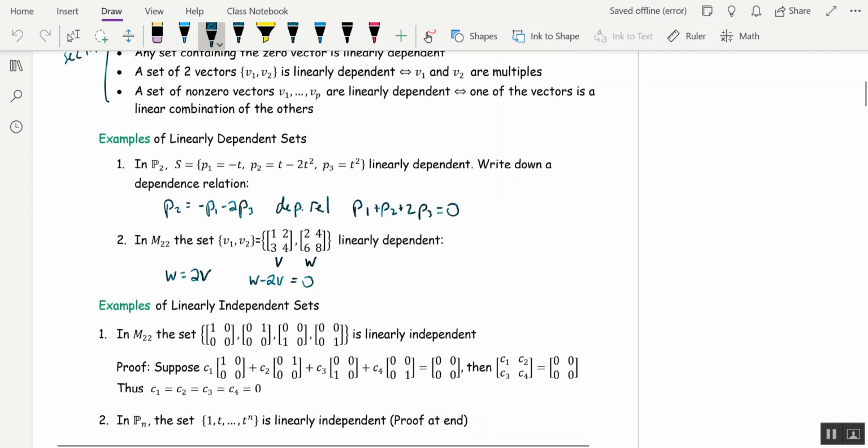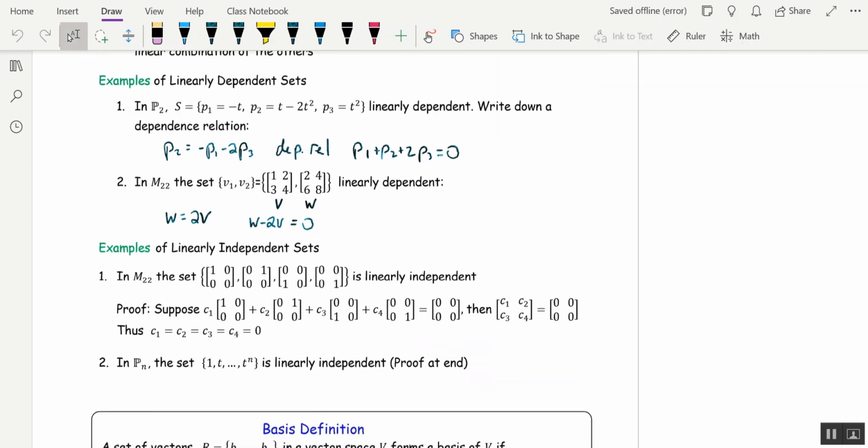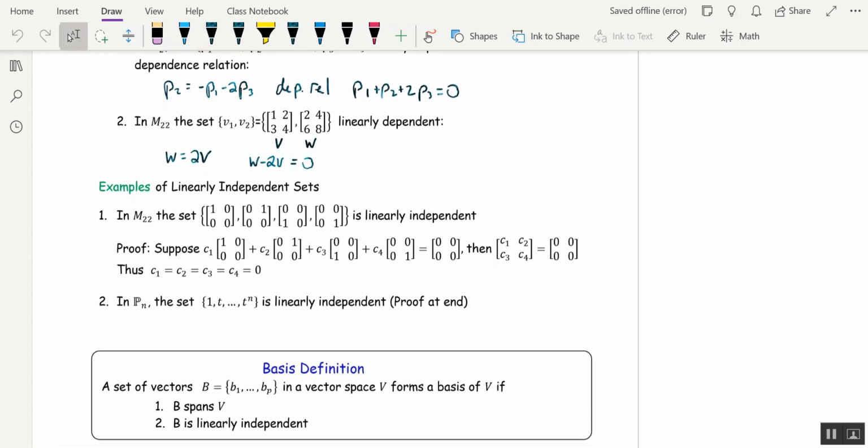All right, let's look at linearly independent sets. In M22, these 4 matrices are linearly independent, and I've given a proof here. It's super simple. And in Pn, which is the set of polynomials of degree less than or equal to n, this set of n plus 1 vectors is linearly independent, and I've given a proof at the end. It's a little tougher.